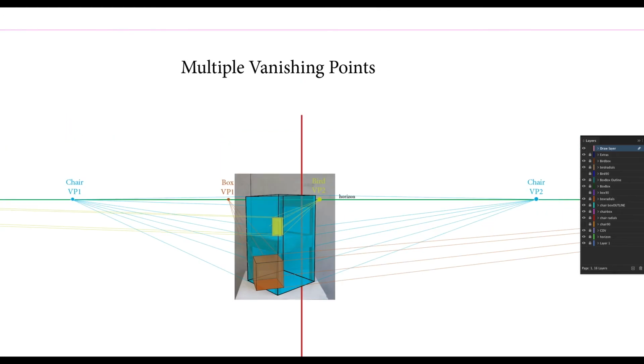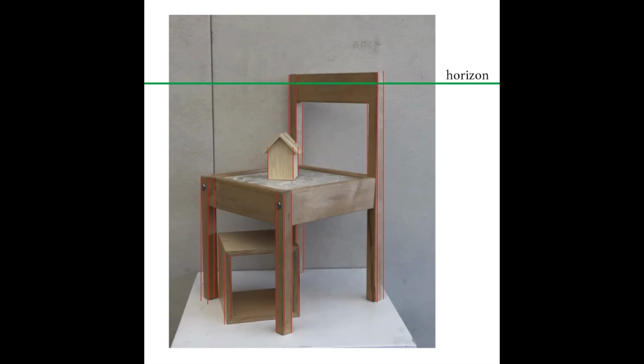Alright, guys. I really hope that helped. One other thing. As we know, so far, this semester, all of our verticals have remained verticals in 1-point and 2-point perspective. Since this is 2-point perspective, our verticals stay vertical.